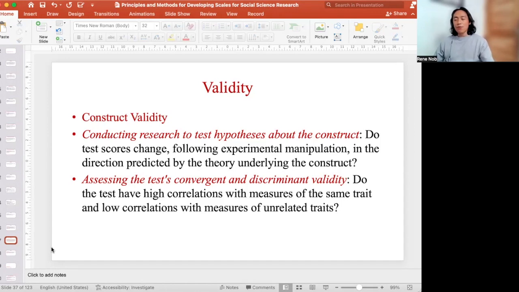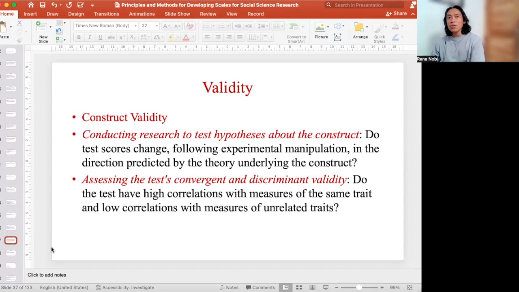So that is what we refer to as convergent and discriminant validity. So for example, if academic self-efficacy theoretically is strongly related with the actual performance, then the scores for the self-efficacy scale that we develop should strongly correlate with the measure of performance. So that is an evidence of convergent validity.